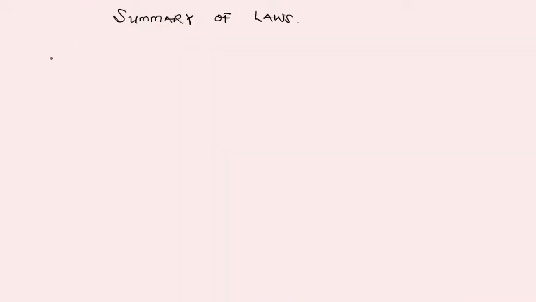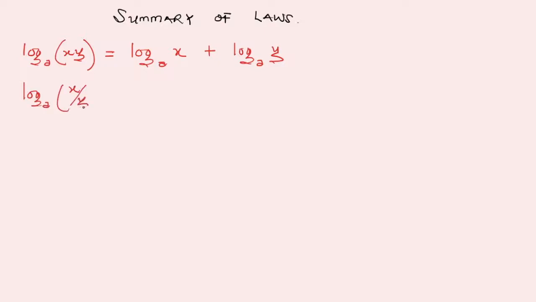So if we do a quick summary of all the laws that we've learnt, the first one is that log to the base a of xy is equal to log to the base a of x plus log to the base a of y. The second one says that log to the base a of x over y is equal to log to the base a of x minus log to the base a of y.